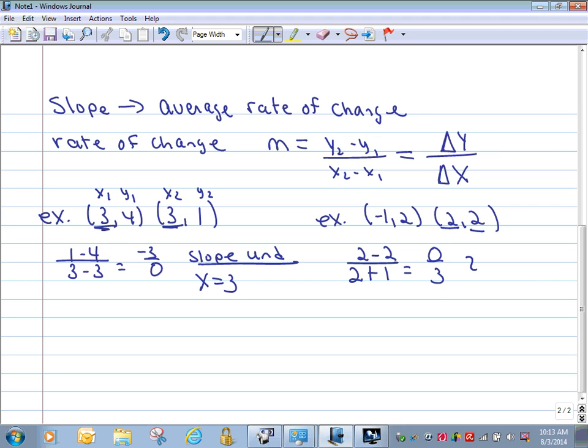Well, 0 divided by 3 is 0, so our slope is 0. And you should know by now, when the slope is undefined, it's a vertical line, and when the slope is 0, it's a horizontal line. And if you notice that the y values were the same right off the bat, you would have known this was a y equals 2 equation, and the graph would be a horizontal line with a slope of 0. All right, that's just a little bit of a refresher.